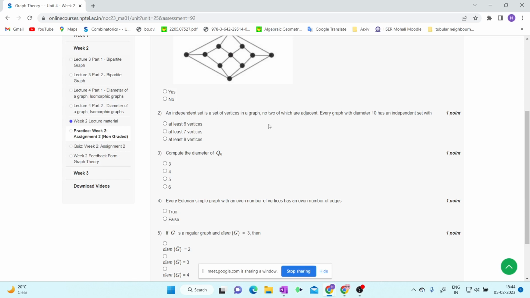Now if you have a graph with diameter 10, you have to say which of these is true, that it should have an independent set with at least 6 vertices, a subset v1 till v6 such that no two vertices are adjacent. You have to tell which of these three will be true always.